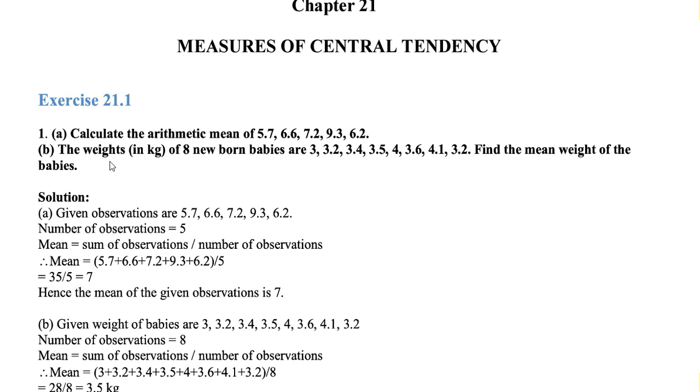Come to the next question. The weights in kg of 8 newborn babies are 3, 3.2, 3.4, 3.5, 4, 3.6, 4.1 and 3.2. Find the mean weight of the babies.